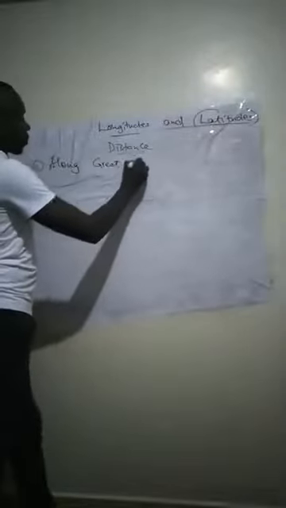Now, what we need to know is that this distance can be obtained in two ways. We have one, when you're talking about a long distance along great circles. And two, distance along small circles.